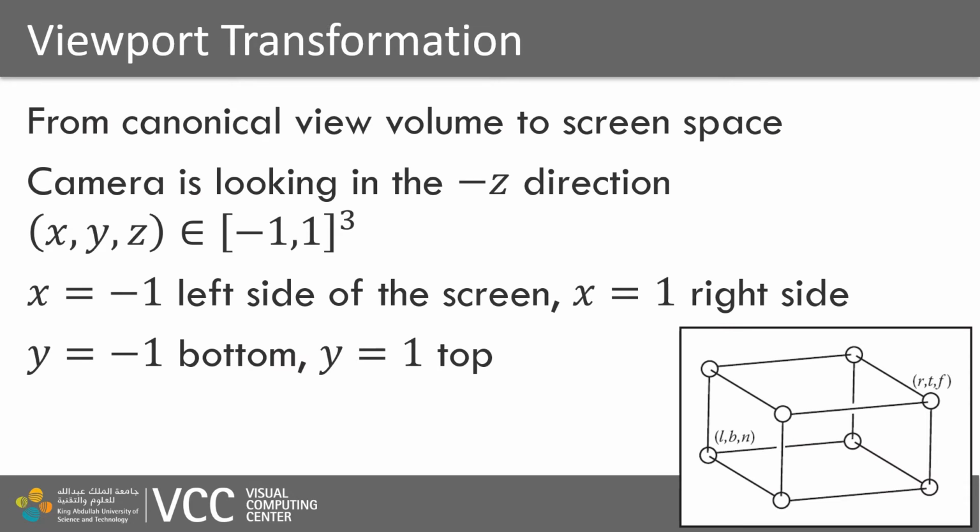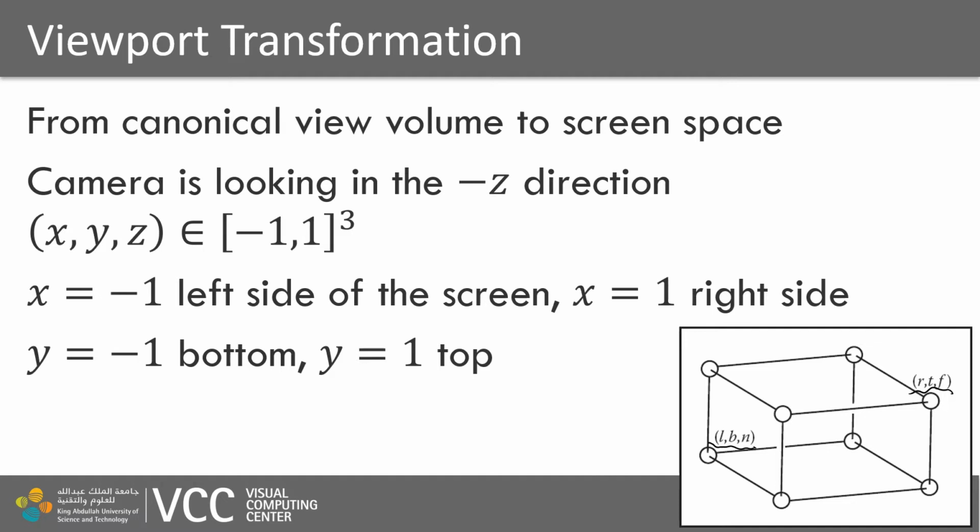So the so-called viewport transformation, not viewpoint, as it was wrongly written on the slide, starts with having all our points already transformed into the -1, 1 cube. Although in the book and here we have some coordinates L, B, N, and R, T, F, these actually correspond to the view volume from the camera space.